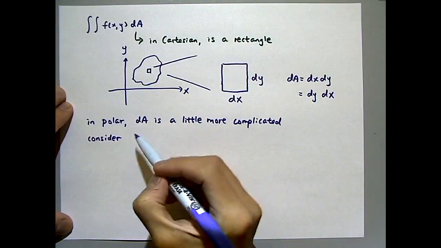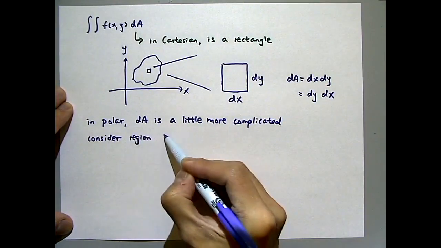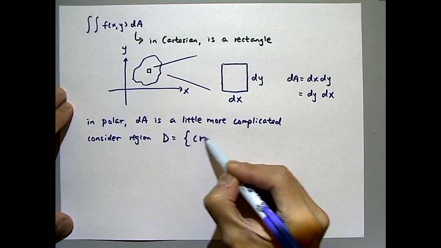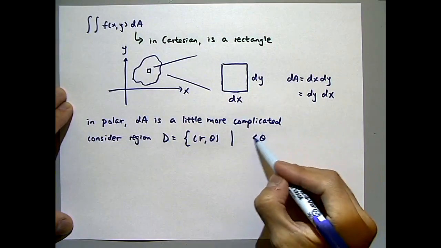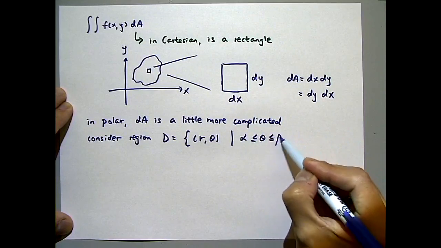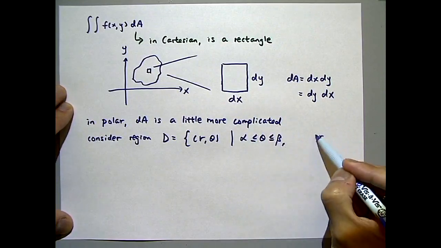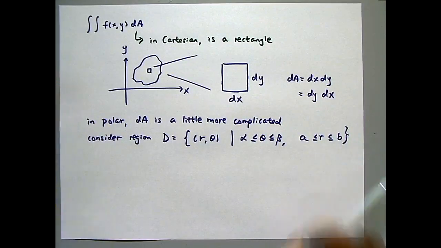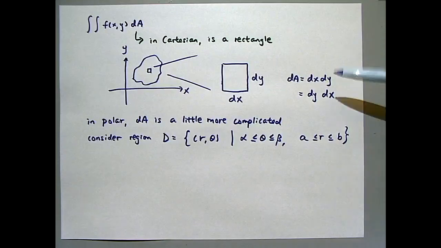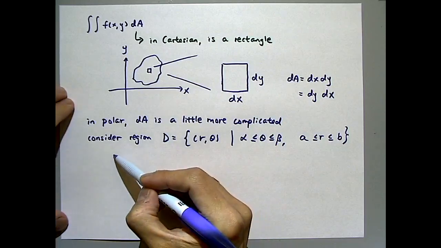Let's consider a region D equal to (r, theta) such that theta is between alpha and beta, whatever alpha and beta are, and r is between A and B. Just two constants. So we're going to bound theta by constants and bound r by constants, just for a very simple region, so we can come up with a formula for dA. That's the second key that we need before we can do any integration in those coordinates.